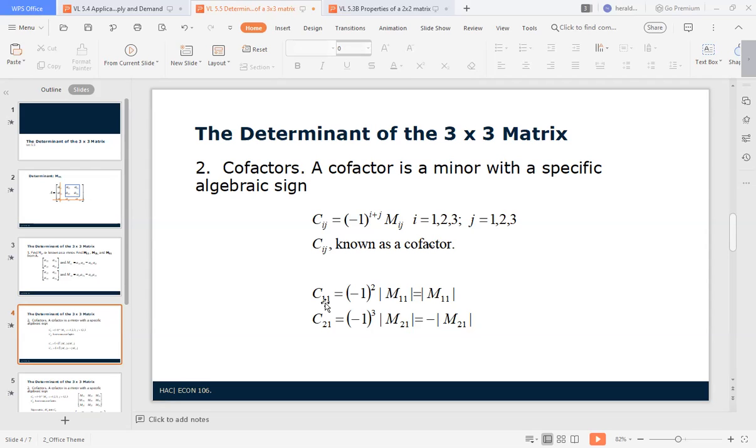If it's even, the resulting cofactor would be positive. Again, the assumption here is that all your values for the minors are positive. So kung C21 siya, that is 2 plus 1 equal to 3, so that is odd, then you'll have negative.